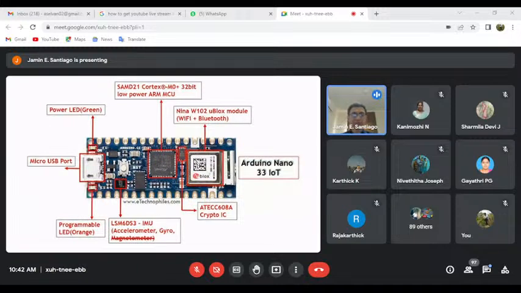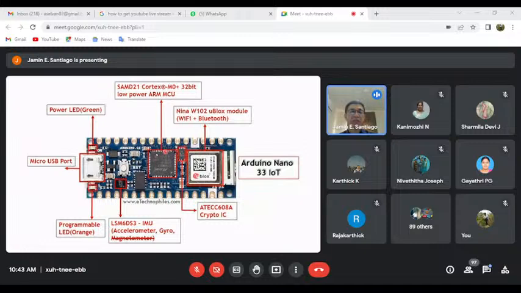Now, these are the components of this Arduino Nano 33 IoT. We have the Wi-Fi and Bluetooth, so we can connect to our mobile phone through Bluetooth or Wi-Fi. We have the cryptographic chip. We are depending on this to make our data secure, so we don't have to worry about this, it is already automatic.